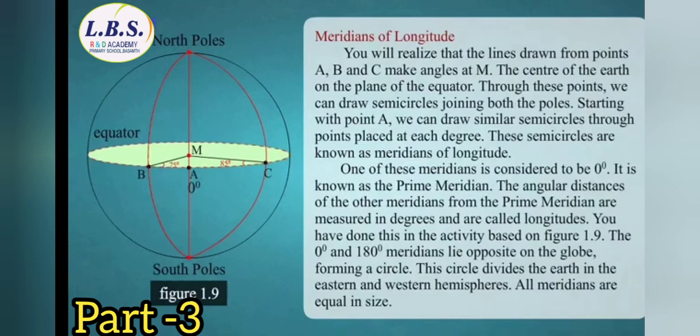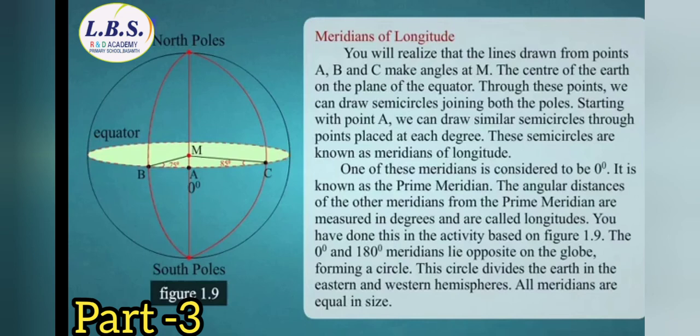One of these meridians is considered to be 0 degree. It is known as the prime meridian. The angular distances of the other meridians from the prime meridian are measured in degrees and are called longitudes. You have done this in the activity based on figure 1.9.